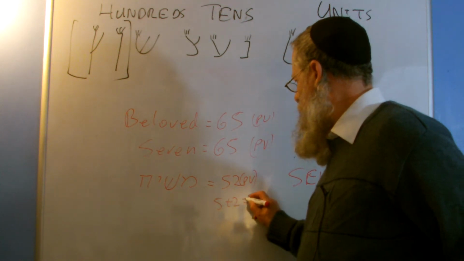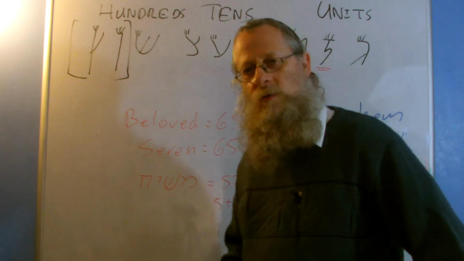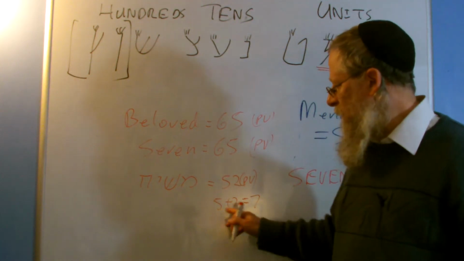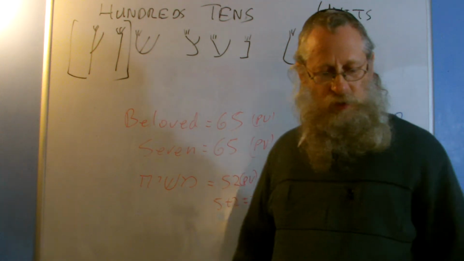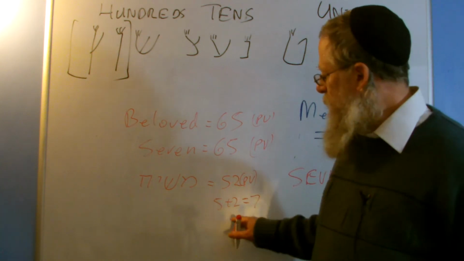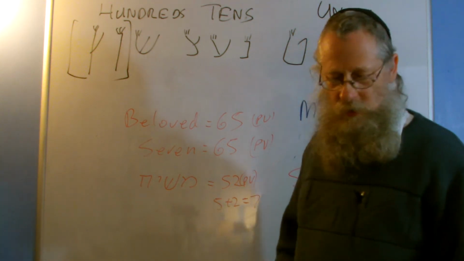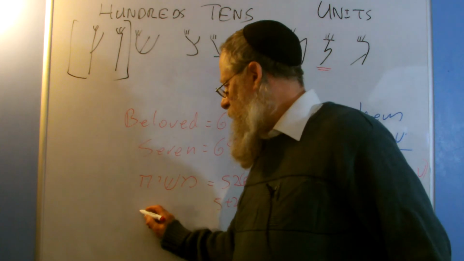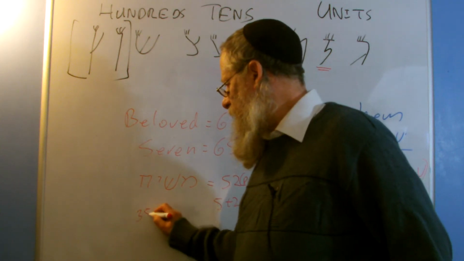That is what we call the Mispar Katan, the small value, when you add the digits together and reduce it. That's used in numerology as well. But we see that Mashiach is connected to 7. The normal value of Mashiach is 358.